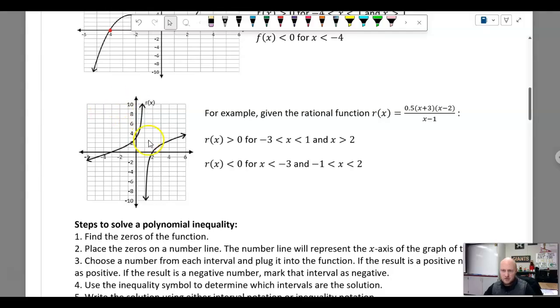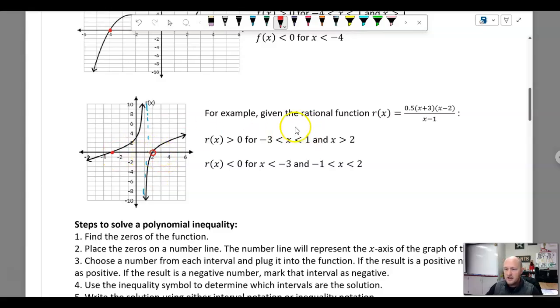So here is a rational function, and our sign can change at a couple of things. They can change at zeros. They can change at vertical asymptotes. They can also change at holes if you have a hole at a zero.